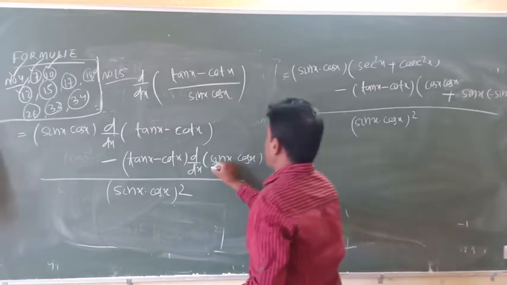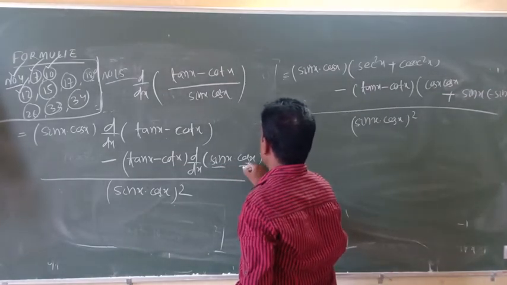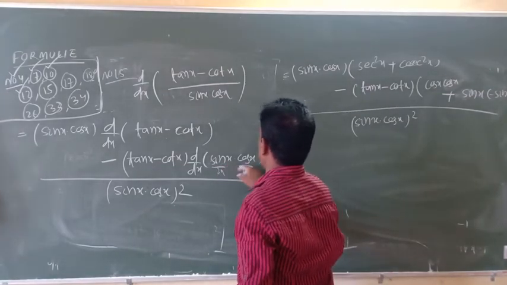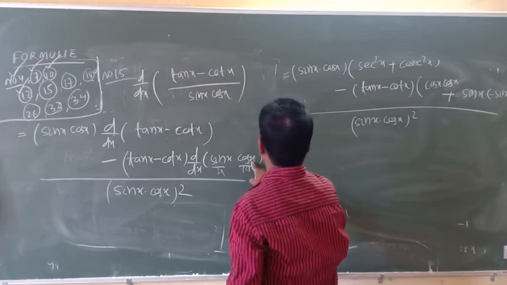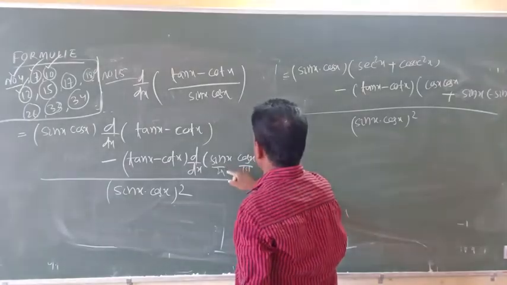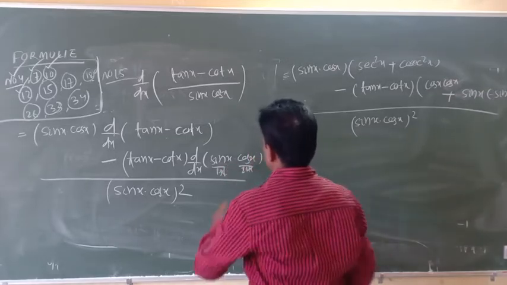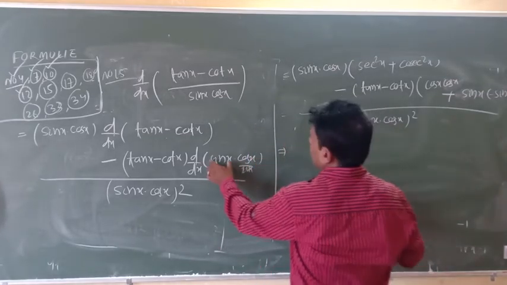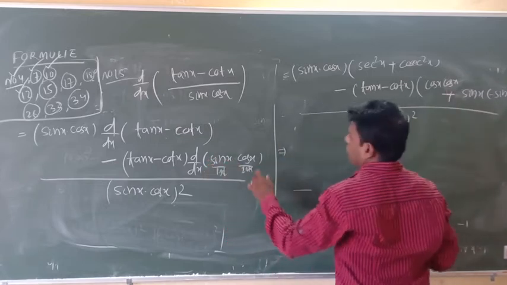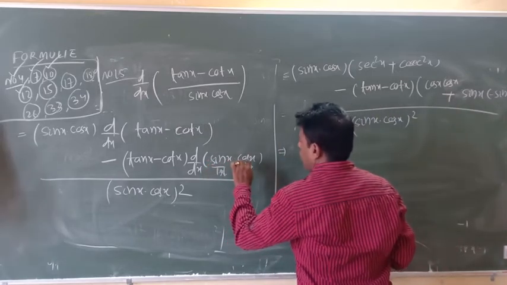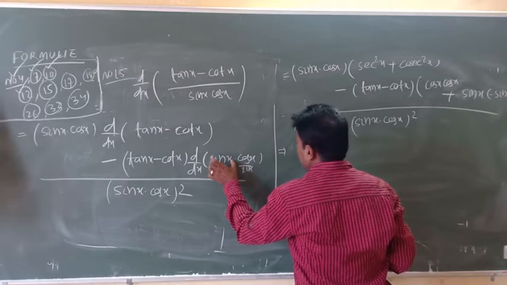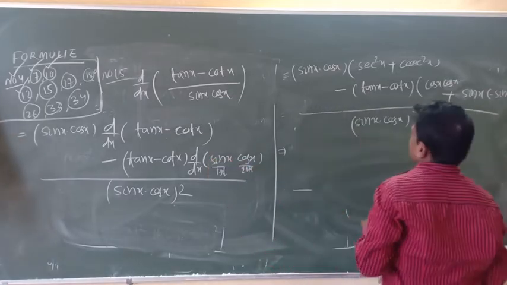Here it is for product formula, it is first and it is second. Here cos x is a constant, derivative of sin x is equal to cos x, plus sin x is a constant, derivative of cos x is equal to minus sin x.